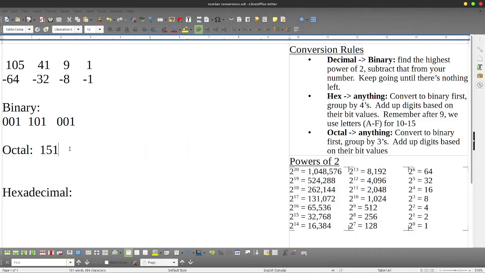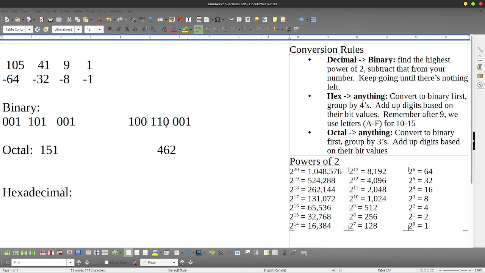To do the reverse, so if we take an octal number, I'm just going to do over here. Let's look at 451. Let's go for numbers that we haven't used, just to make it a little bit different. So you can start at the left or the right. 4 in octal, remember we have 4, 2, and 1, so that's going to be 1, 0, 0, right? 5 is going to be 4 plus 1, so 1, 0, 1, and 1 is going to be 0, 0, 1.